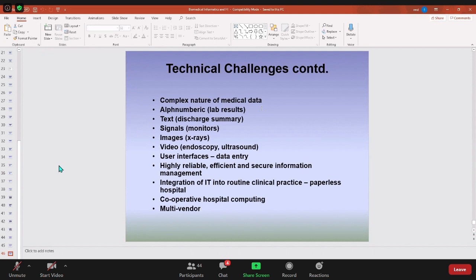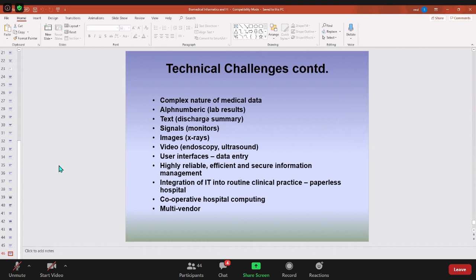The complexity actually makes it even more difficult for a system to predict certain things, or to simulate or analyze. There is also the alphanumeric component, where the lab results have numerical numbers and also characters, the alphabets.